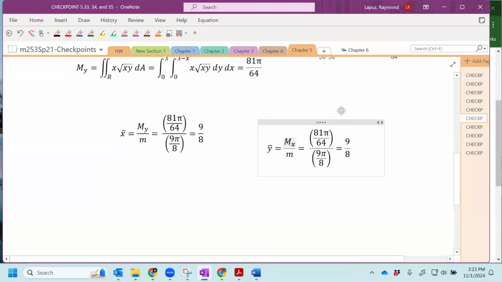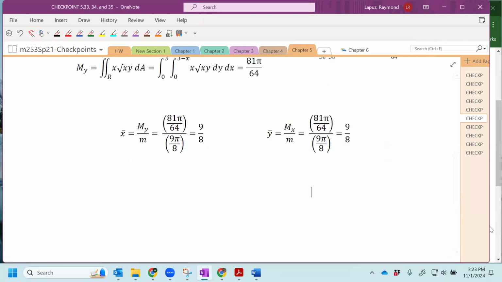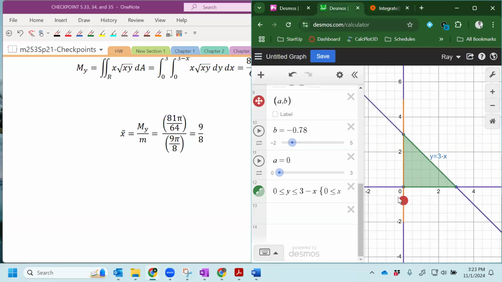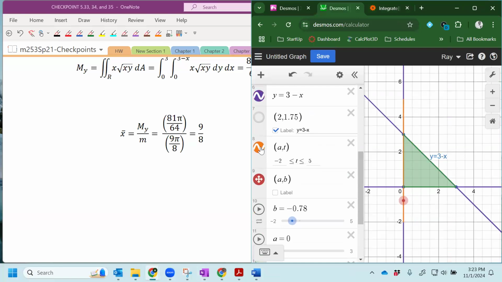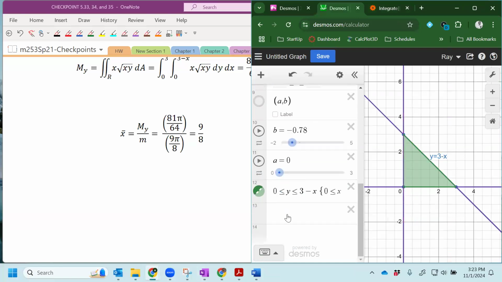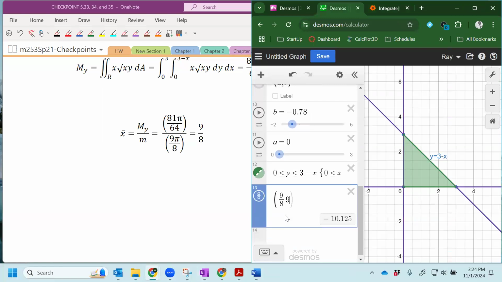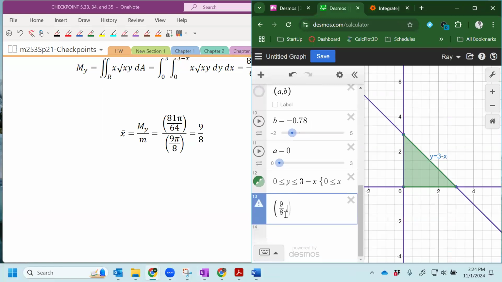And then you get 9 over 8 as well. So looking back in our Desmos graph, in 2D, in the domain, if we get the point 9 over 8, I'm sorry, I think I said 9.8. It's clearly not that. It's 9 over 8.